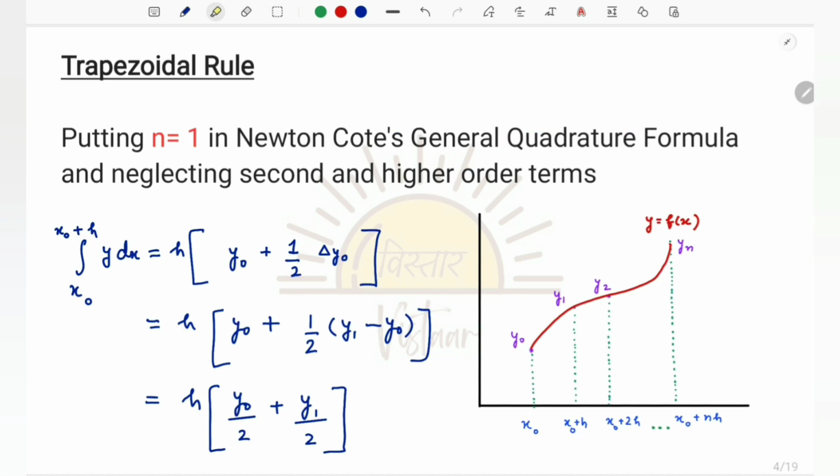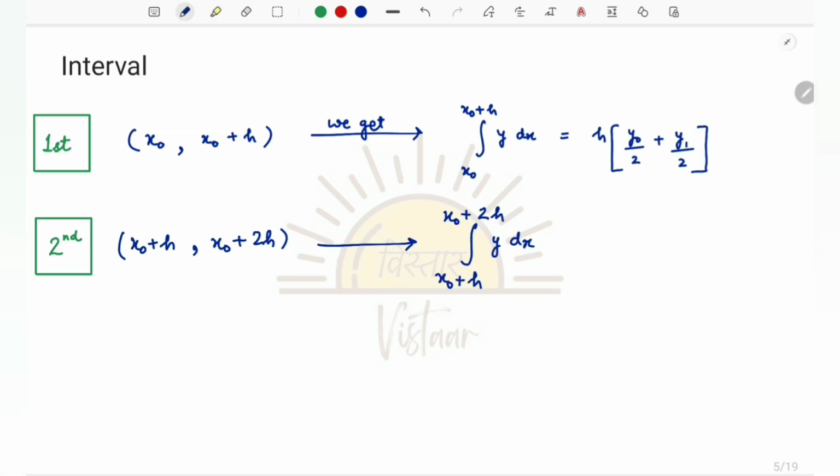After this, we have to find the integral for the next limits, which is x0 plus h up to x0 plus 2h. Note that here we are using the equidistant points with the difference of h. So in the similar way, we can find the integration of this second trapezoid, and this integration will be h times (y1 by 2 plus y2 by 2).